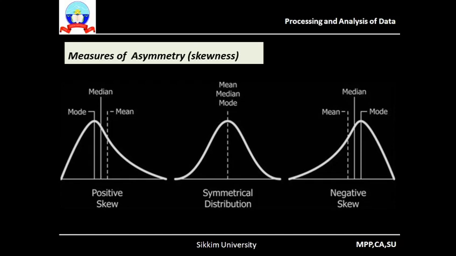But in certain situations, the data values may exhibit asymmetric distribution or skewness. Now let us learn about symmetric distribution and the different forms of asymmetric distribution or skewness that may be exhibited by the data values in the data set.